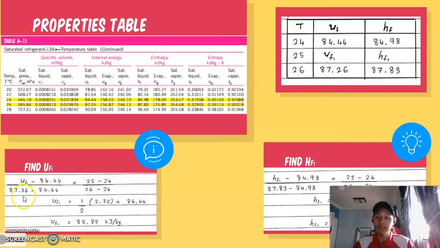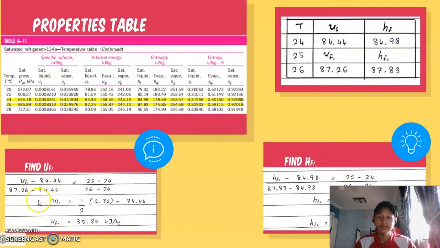How do we get the UF1? The left hand side is for the internal energy and the right hand side is for the temperature. This is the one after I simplify it. So the answer for UF1 is 85.85 kilojoule per kilogram.